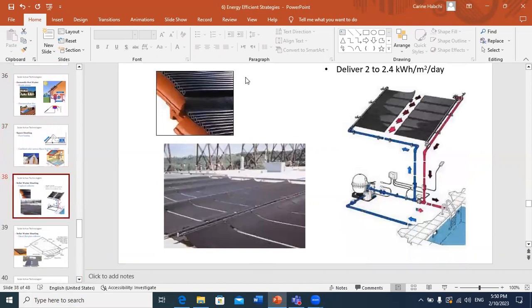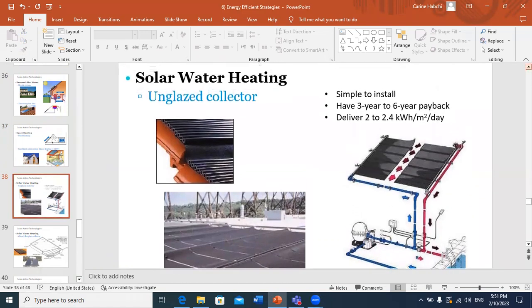Now, we have several types of solar collectors, and depending on our application, we can select the most convenient one. Of course, it depends on the amount of heating needed. So the first type, which is the simplest one and the cheaper one, is the unglazed collector. It has the advantage of being simple to install.